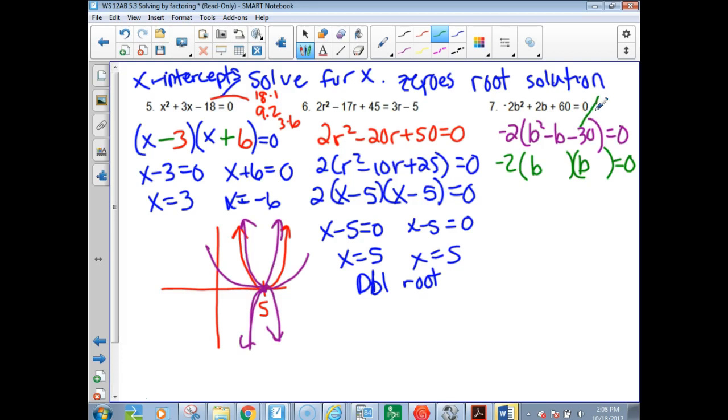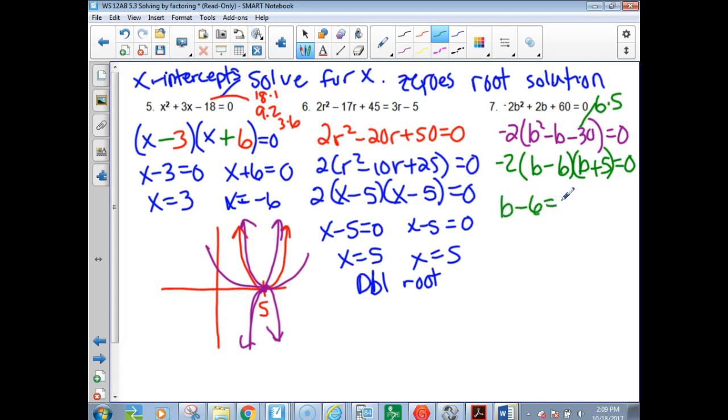It would be 6 and 5, numbers that multiply to give me 30. Since I need a negative 1b, I'm going to make the 6 a negative and the 5 a positive. Now I've got negative 6b and 5b will give me negative 1b. I have negative 6 times 5 is negative 30. I know I factored it correctly.